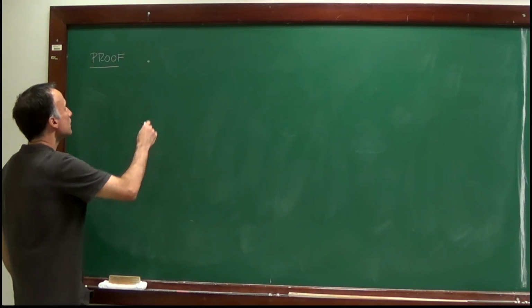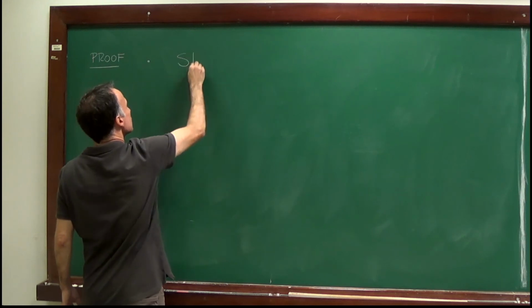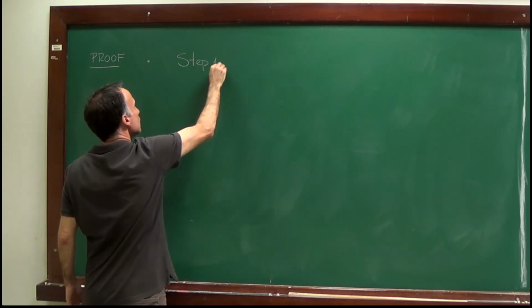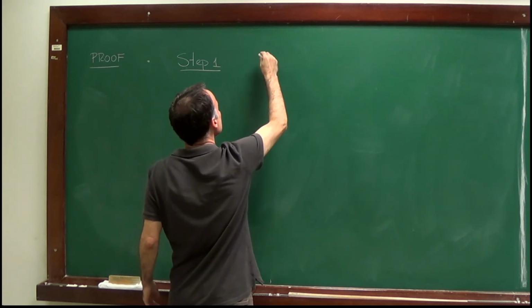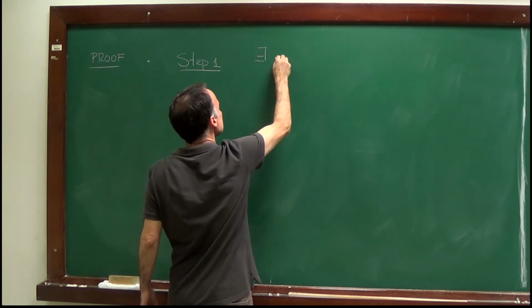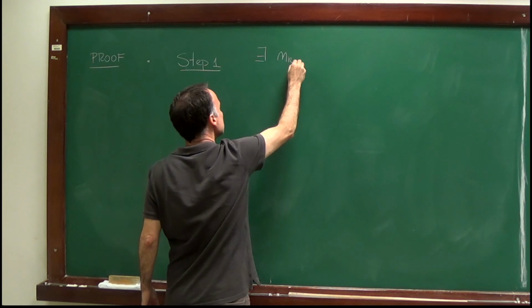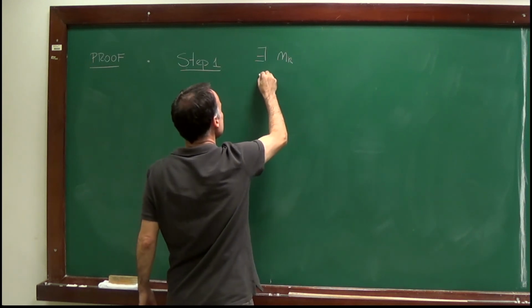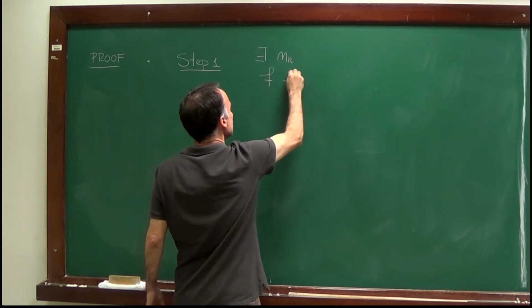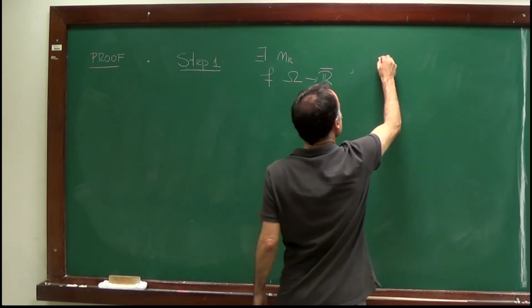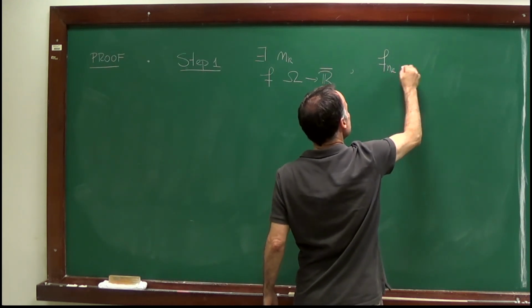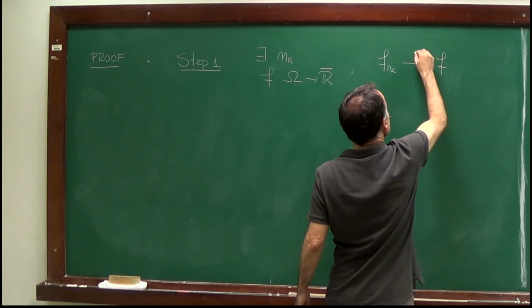So now, in our second step, so let me just recall step 1. At the end of step 1, we concluded that there exists a subsequence n_k and a function f, which is measurable, such that f_{n_k} is converging to f almost surely.